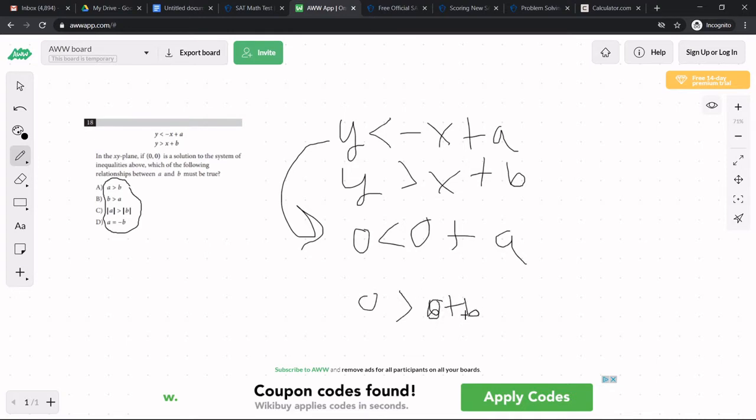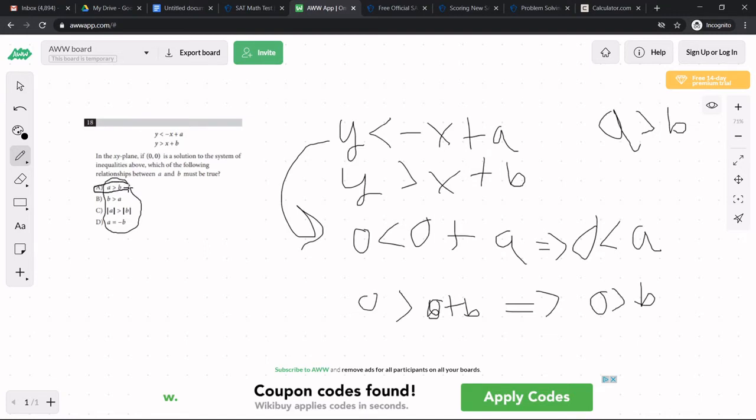So these become 0 is less than a, and 0 is greater than b. Well, if we see here that b is less than 0 and a is greater than 0, that of course means that a has to be greater than b, because a is positive, b is negative. So that's going to be A for us.